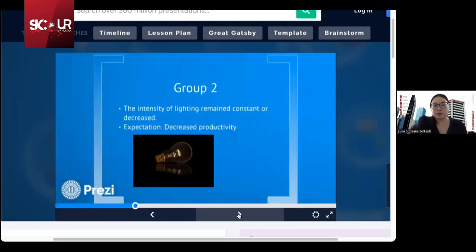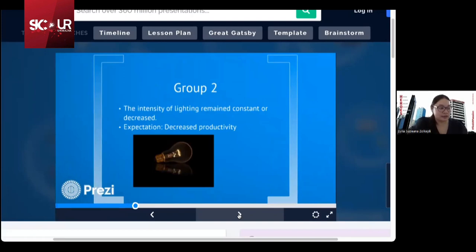And then for the second group, they kept the lighting constant or decreased it. The expected outcome was that under this unfavorable lighting, productivity would decrease. But the result was not as expected. It shows that under this work condition, the lighting does not give a different effect.